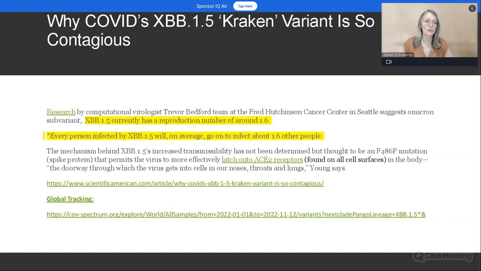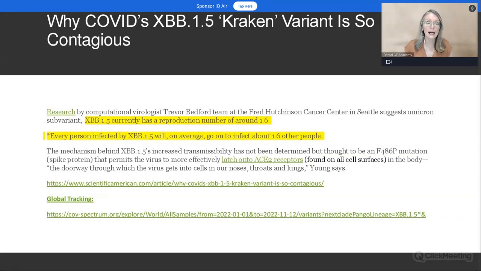And Trevor Bedford, who's a computational virologist at the Fred Hutchinson Cancer Center in Seattle, suggested that the Omicron subvariant, which this is, has a reproduction number of around 1.6. So every person infected by XBB 1.5 will go on average to infect about 1.6 other people.